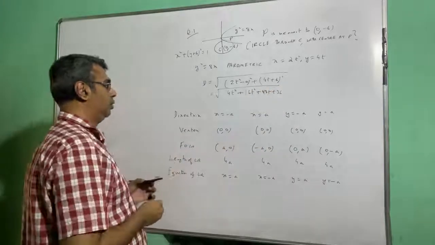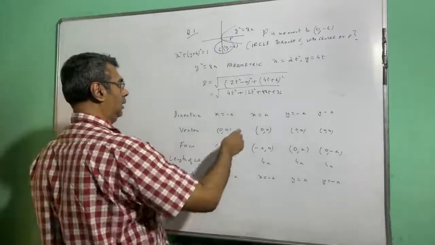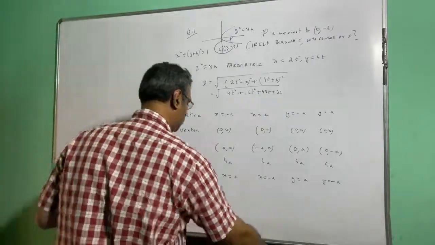So it is coming root over 4t to the power 4 plus 16t square plus 48t plus 36.